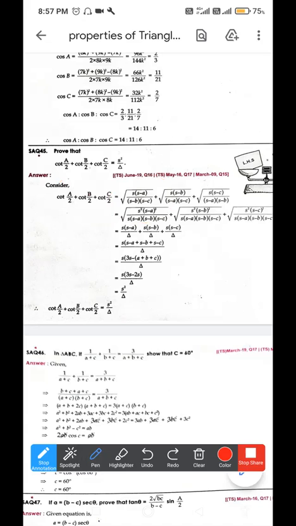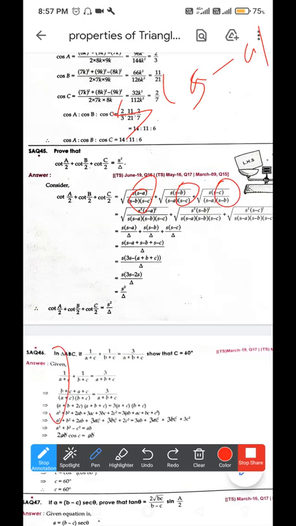Now what you have to do is multiply and divide with S into S minus A over here, S into S minus B over here, and S into S minus C over here. Why are we doing that?